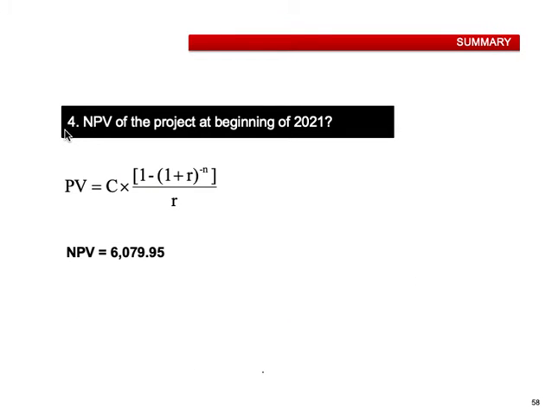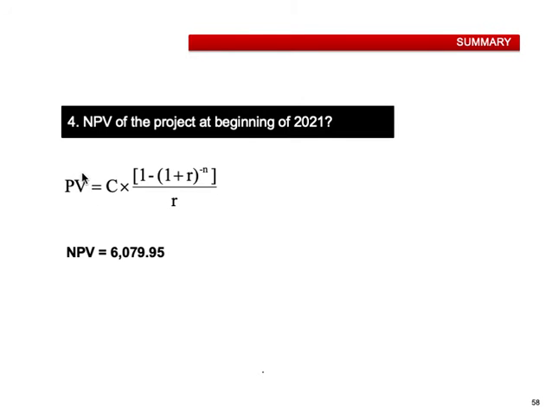Question 4 is, what is the NPV of the project at the beginning of 2021? Okay, the first thing that we are going to do is calculate the present value of a stream of cash flows valued at 4,500 for 20 years. Now, we can use a formula that is well established in the finance literature that goes as follows.